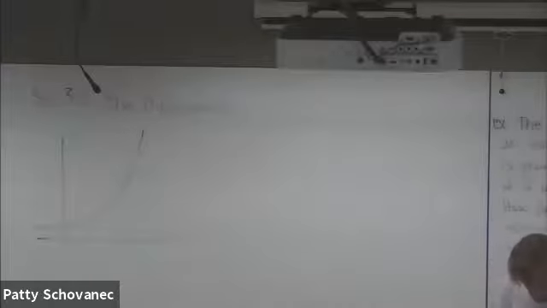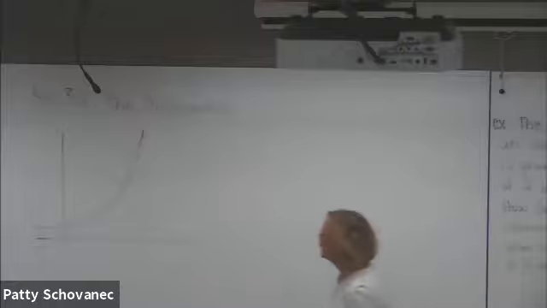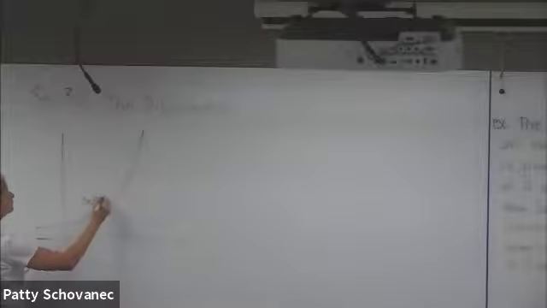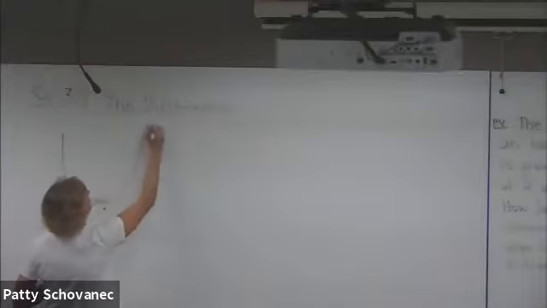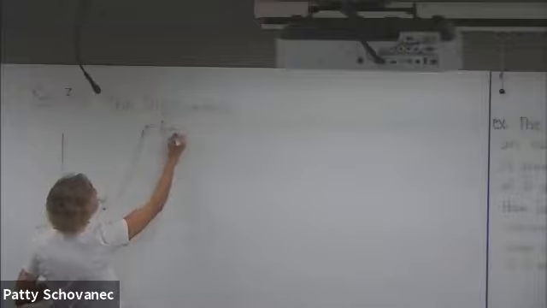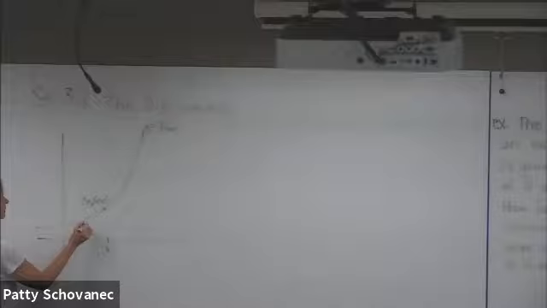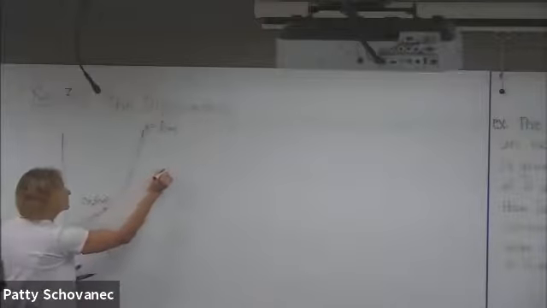Let's look at the tangent line to this function at some ordered pair x, f of x. So that's the graph of y equals f of x. We'll draw the tangent line right here. And it's going to look like that.